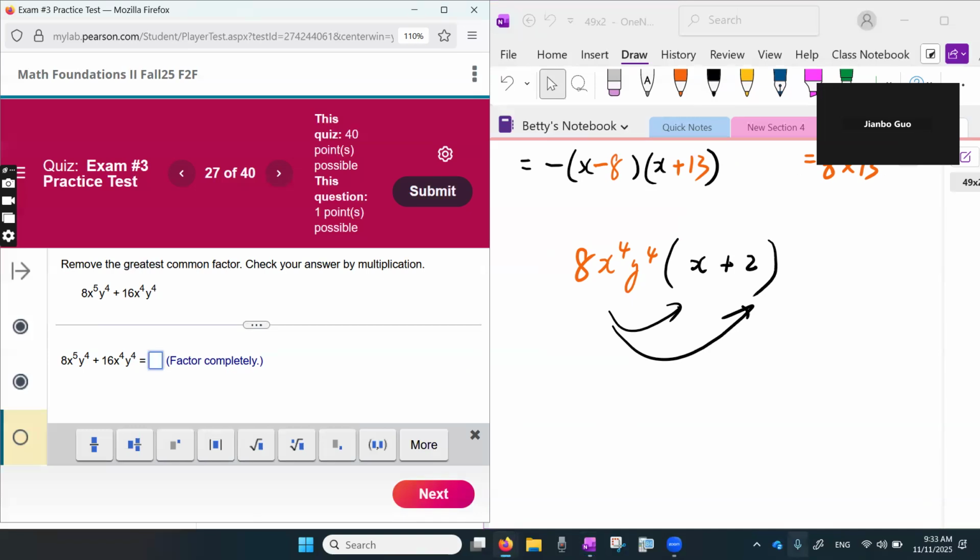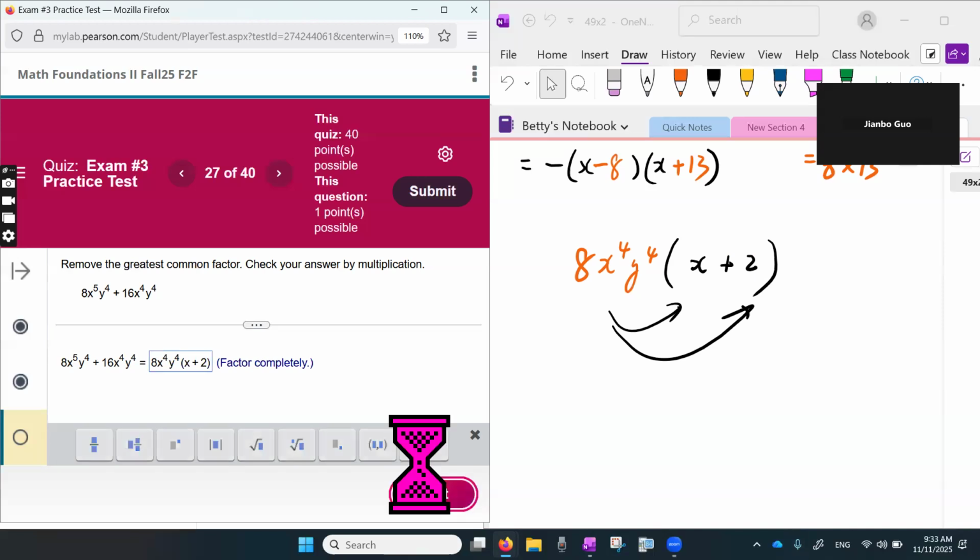So we have 8x to the power 4 times y to the power 4, and then times the parentheses, x plus 2. All right.